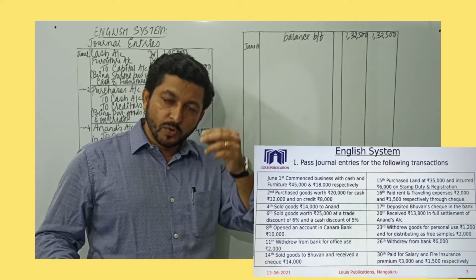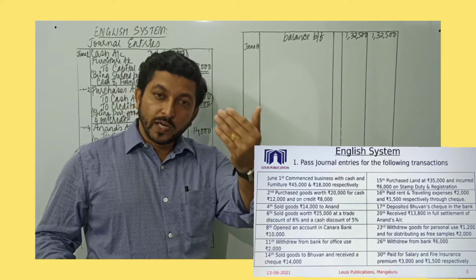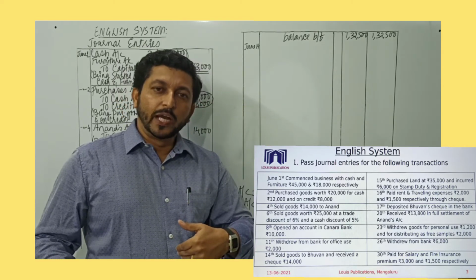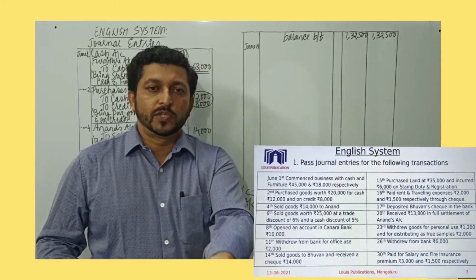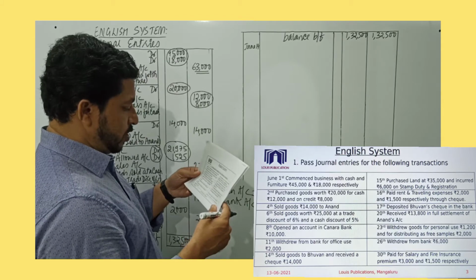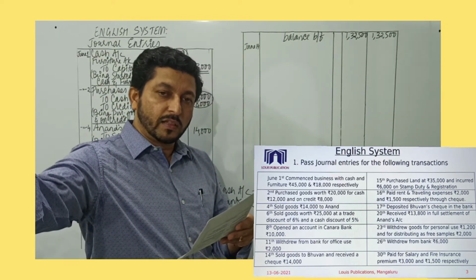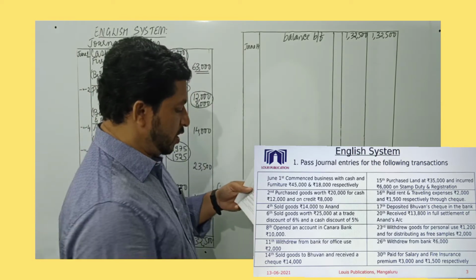But if check is received on one day and deposited on another day, you will treat as if cash is received, and on the day the check is deposited, we will assume that cash is deposited in the bank. So 14th dated transaction, sold goods to Bhuvan, received a check, but the check is deposited on 17th. So we will assume as if cash is received.